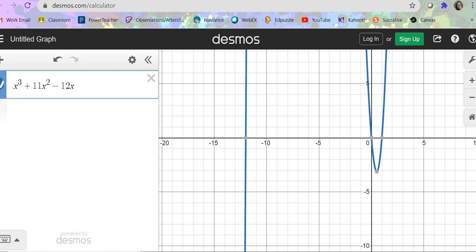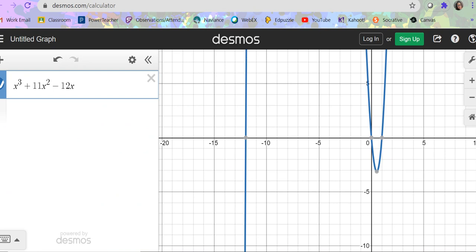So if you look here, I typed the equation into Desmos. This is the online graphing calculator. Again, it's linked at the top of your Canvas page. This is the x cubed plus 11x squared minus 12x. So again, this is not a quadratic, it's a cubic because it's to the third power.